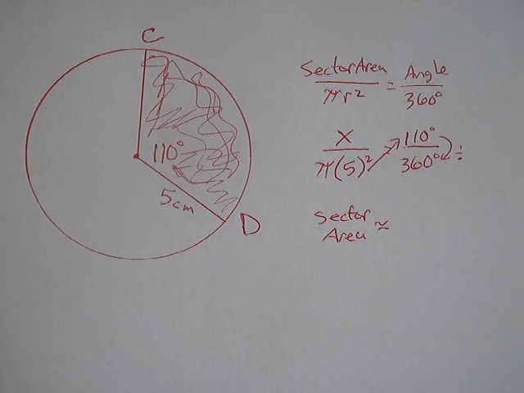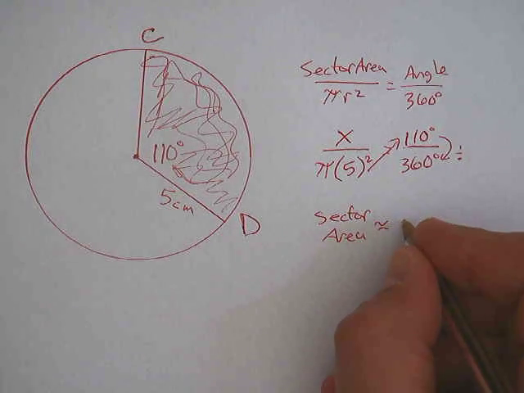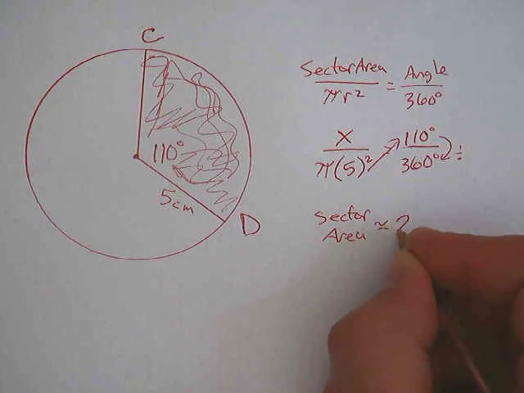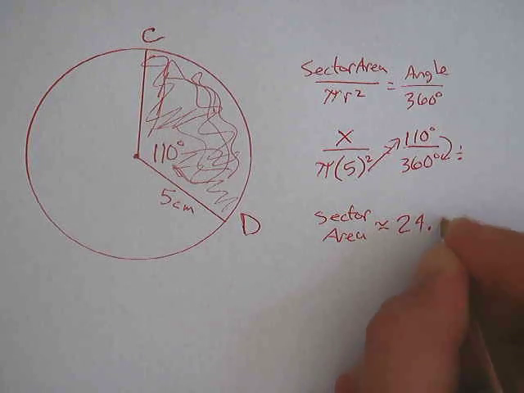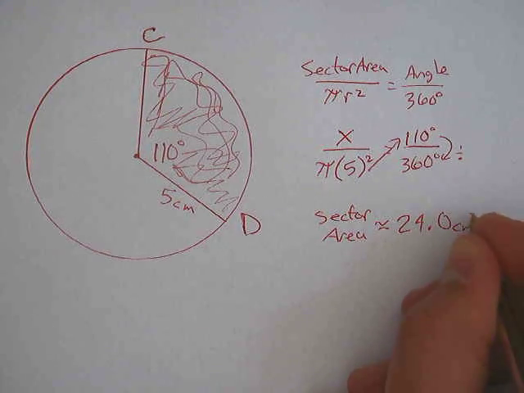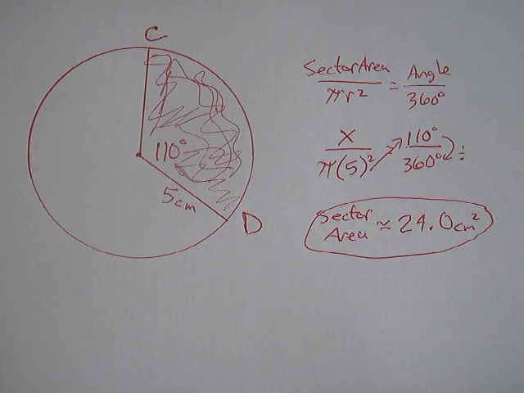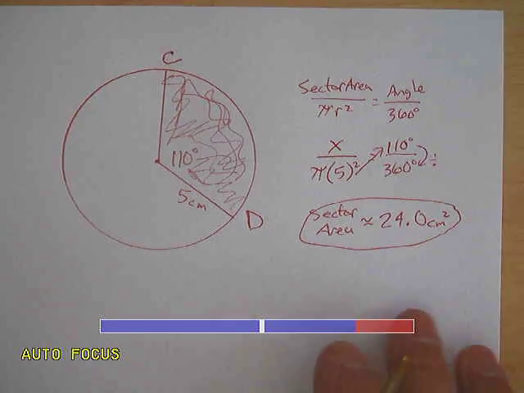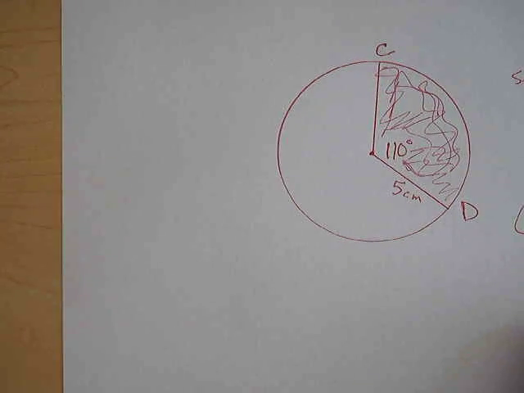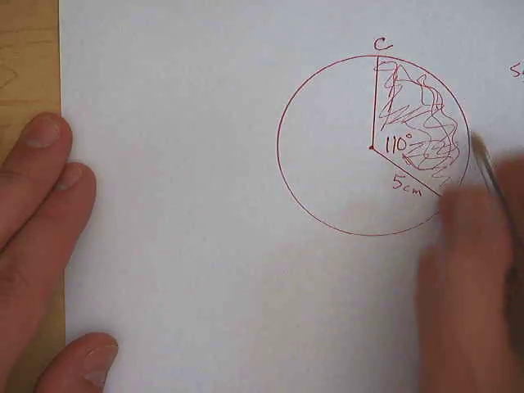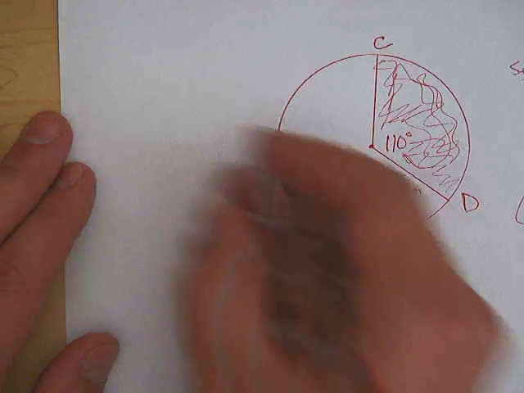You can round this to the nearest tenth. So 5 squared, order of operations, is 25. Multiply it by 3.14, or you can use pi. Multiply it by 110 and divide it by 360. That gives me about 24.0 square centimeters. Pi, sounds good, huh?